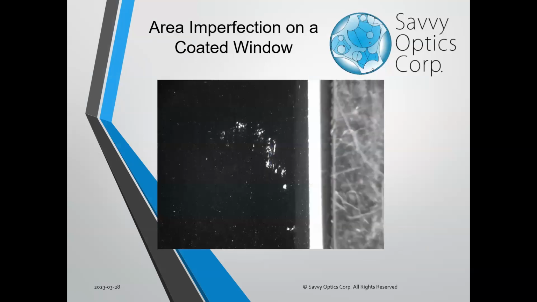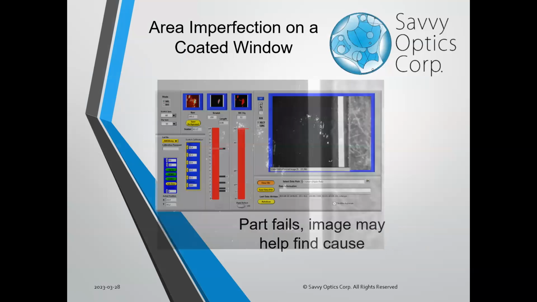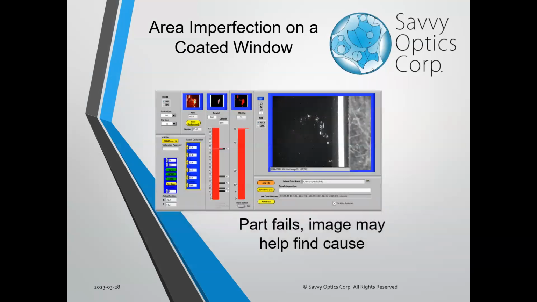There's another one of these area imperfections. This is on a coated window, and it's hard to say what this is. It could be in the coating, it could be on the substrate. It could be cleaning residue, right? Maybe it cleans off. Well, it turns out it didn't clean off. It is actually in that coating. It's damage to the coating. And so it's obviously cause for ejection. This is a very large area imperfection that would be a cause for ejection.